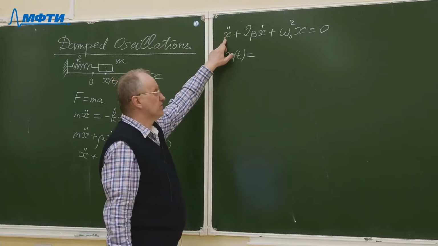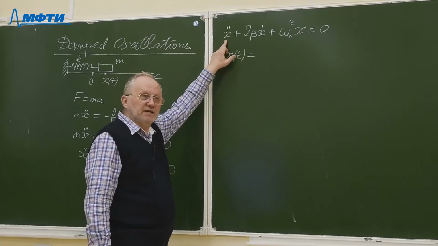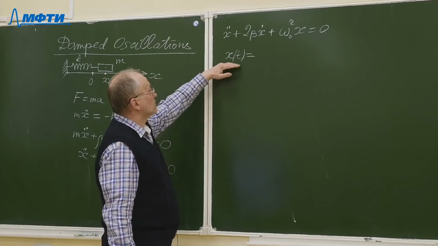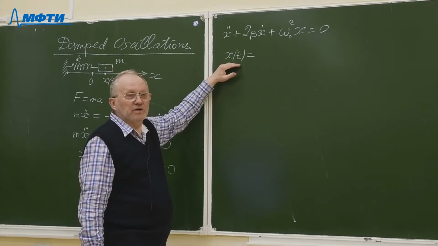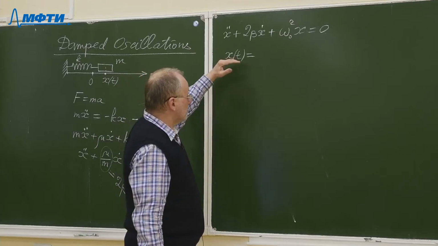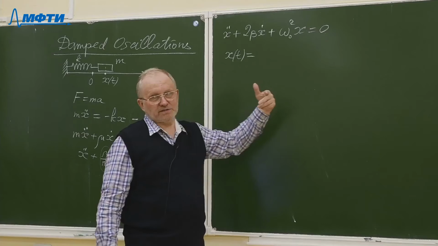And if you have second order differential equations, then the unknown function will contain 2 unknown constants. So we may define the solution to this equation up to the 2 unknown constants.